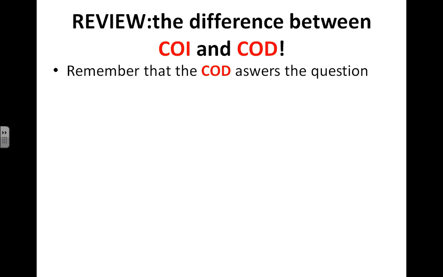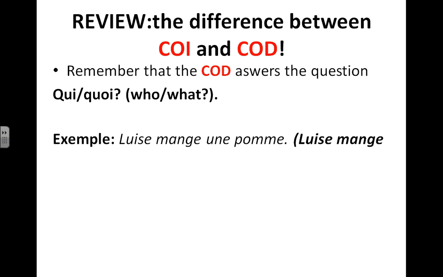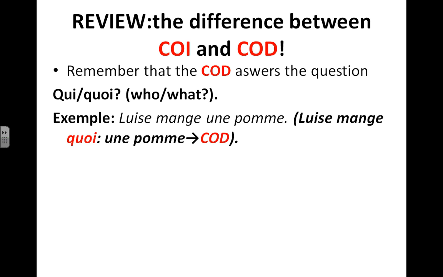I said to you in the past that the COD answers the question qui, quoi, who, what in English. What does that mean? Let's explain with an example: Louise mange une pomme. Louise mange quoi? Une pomme. That's your COD.